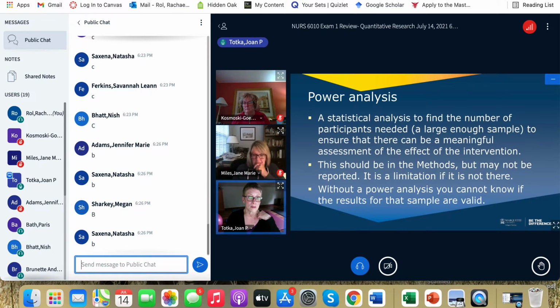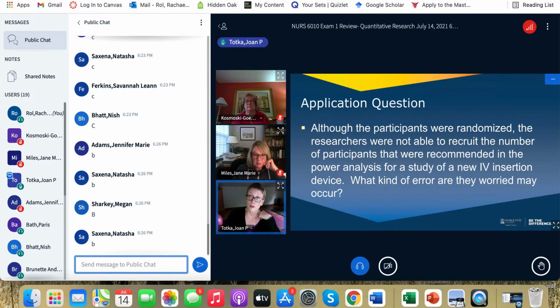It just means that this is our best guess about how many we need. You should see this in the methods. You should find out what the power analysis was. But sometimes it's not reported, and you've noticed already that it's not always reported. And so if it's not, it's a limitation, and you can't really know if the results are valid because you don't know if they had enough of a sample.